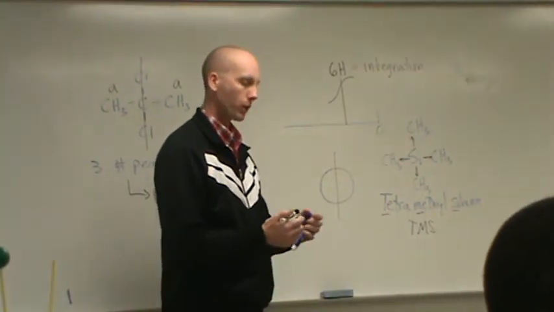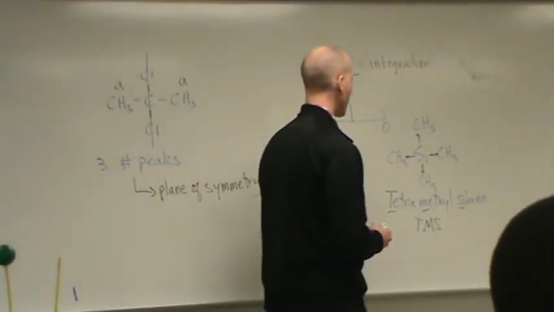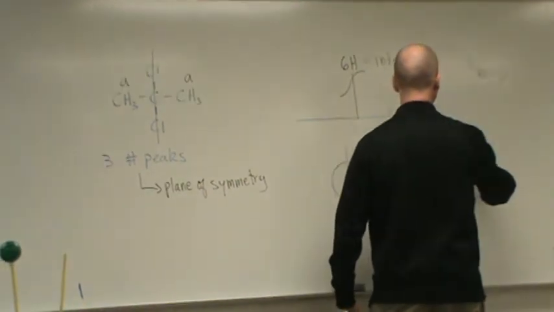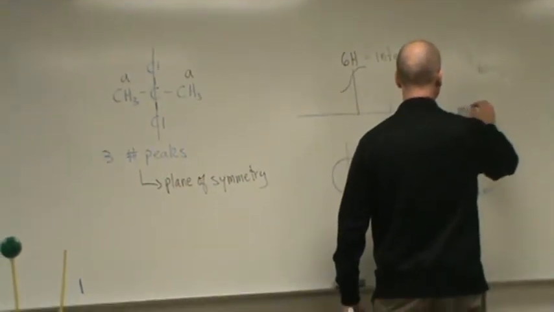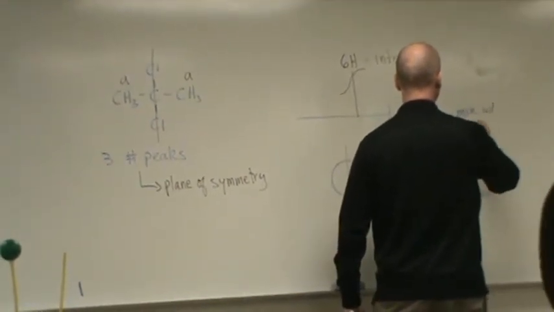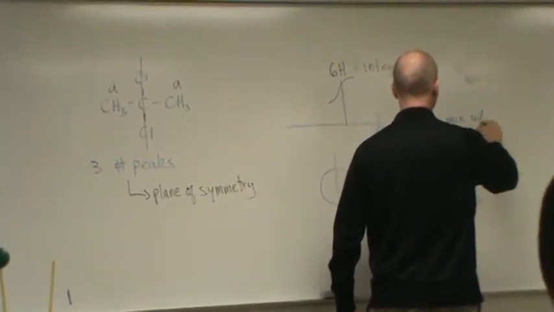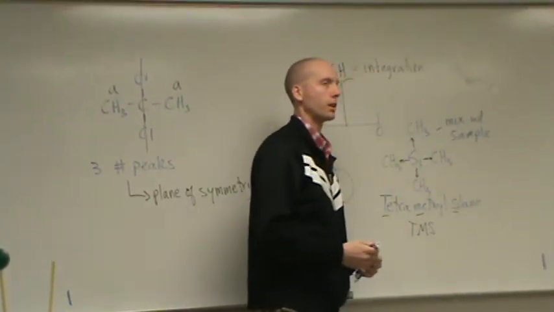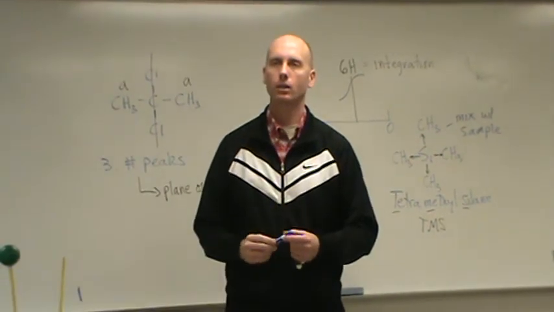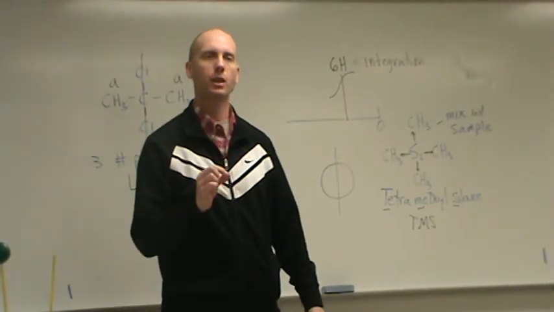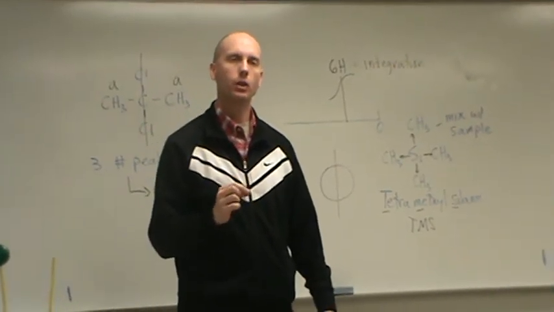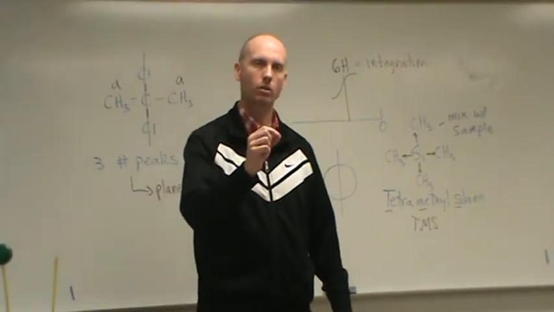Okay? And what we do is we mix TMS with the sample molecule that we want to look at. We just put a tiny little drop of TMS. And TMS is going to give us a singlet.